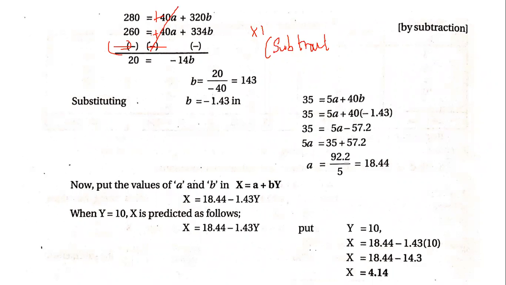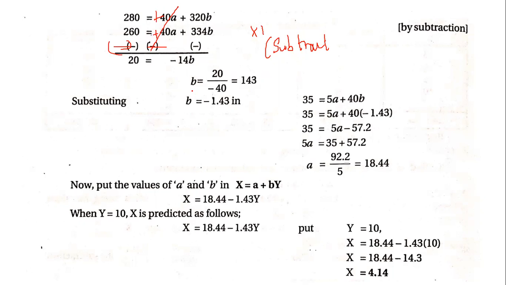Once these two get cancelled, find the difference between the other two. That is 280 minus 260 is 20. 320b minus 334b is minus 14b. So therefore, I got the value of b, saying b is equal to 20 by 40.